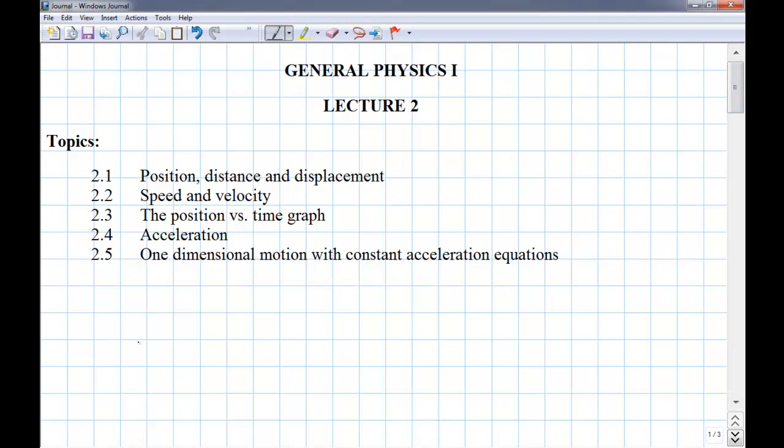Let's begin by discussing position, distance, and displacement. Now, before we begin, it's very useful to imagine laying a piece of masking tape on the floor.